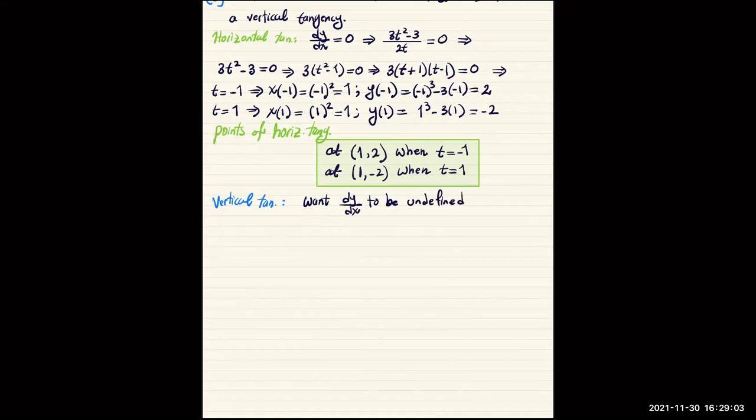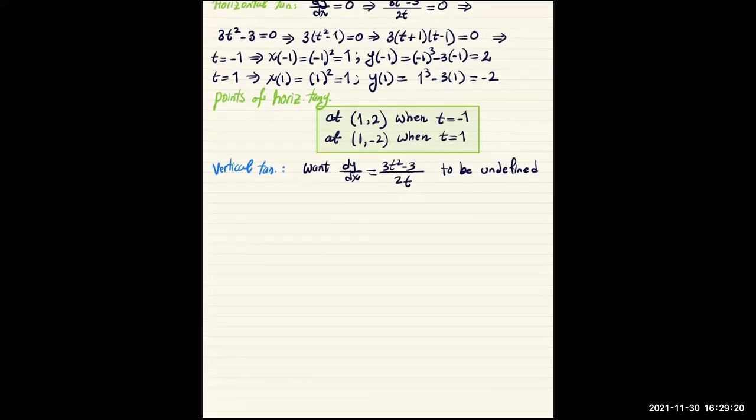Okay. So let me write down also what dy/dx is. Dy/dx that we found is (3t squared minus 3) over 2t. We want this to be undefined, so you set the denominator equal to 0.